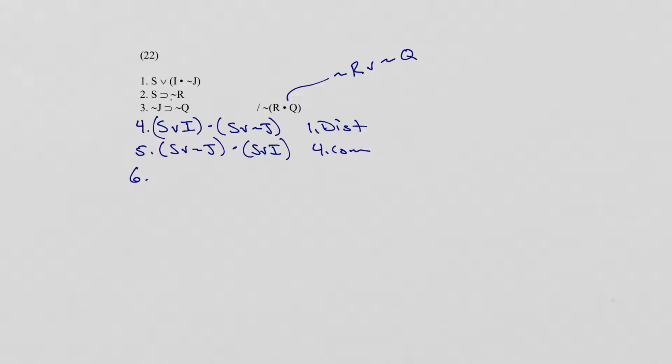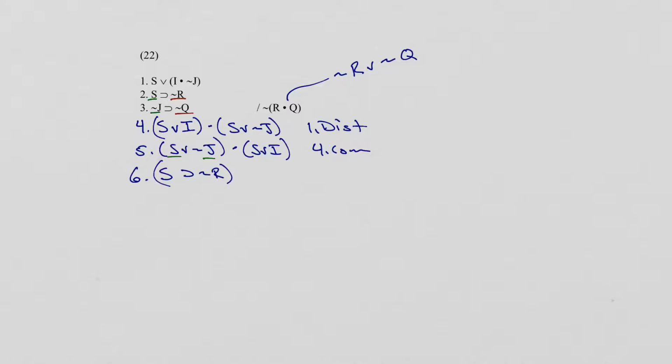And I'm noticing that there's a pattern right here. And I'm also seeing the S or the not J right here. So let's conjunct 2 and 3 together and then see if we can't do that constructed dilemma that we learned oh so long ago.